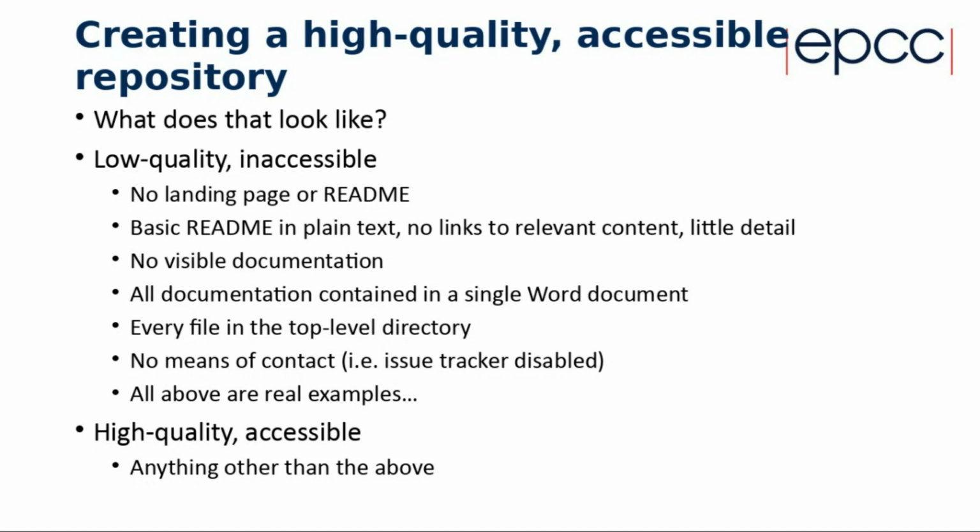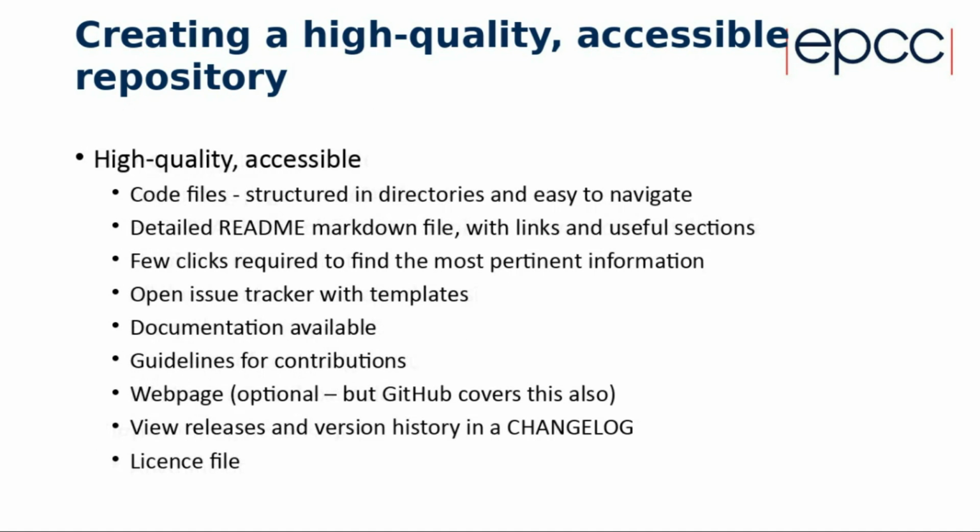So high quality means basically anything other than the above, but specifically we want to do things like structuring our code properly, having a detailed README with nicely formatted Markdown, and not forcing our users to click through many different links to find the right content.